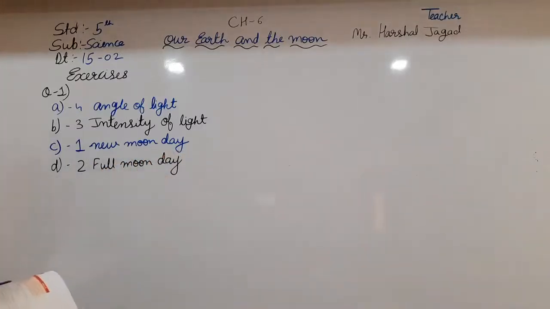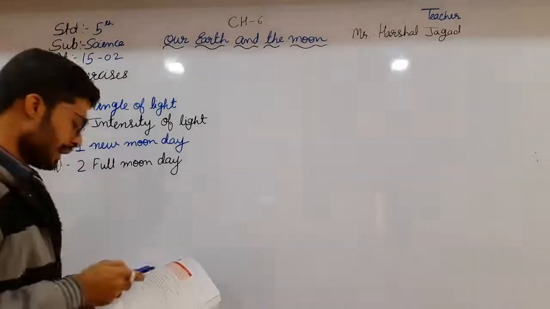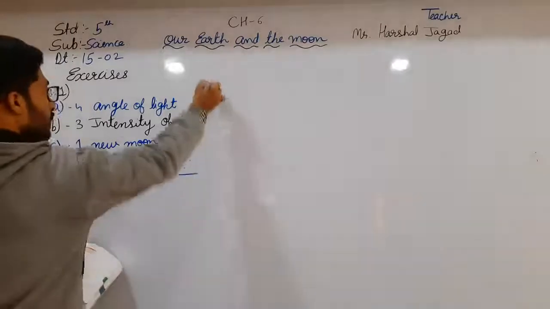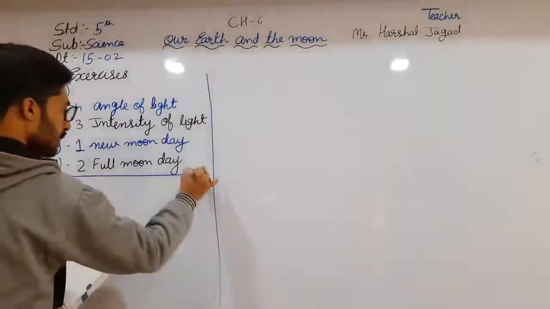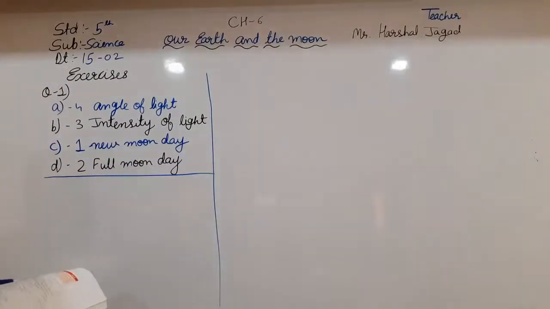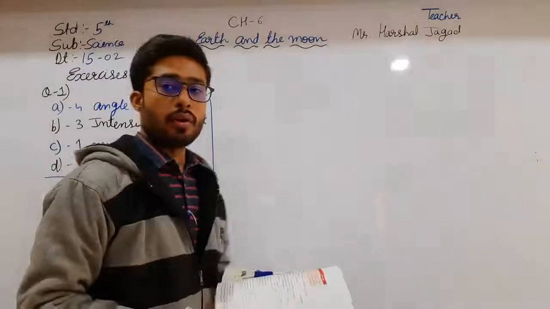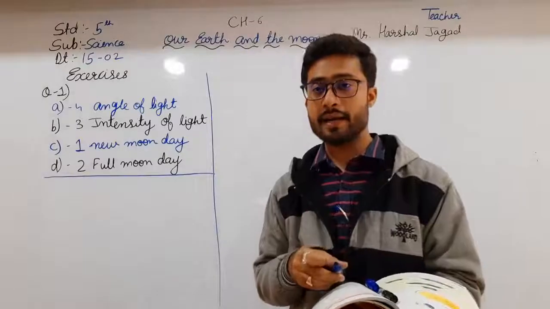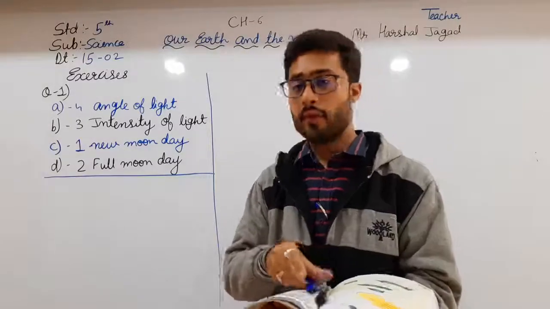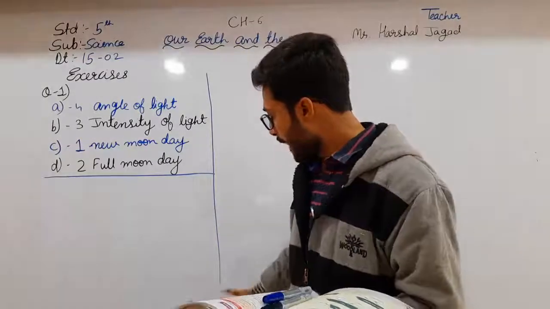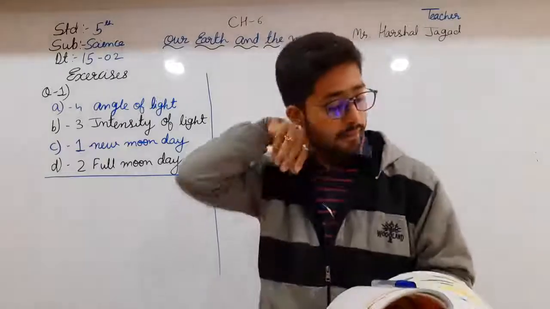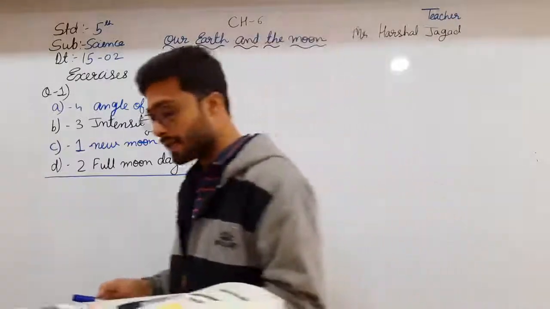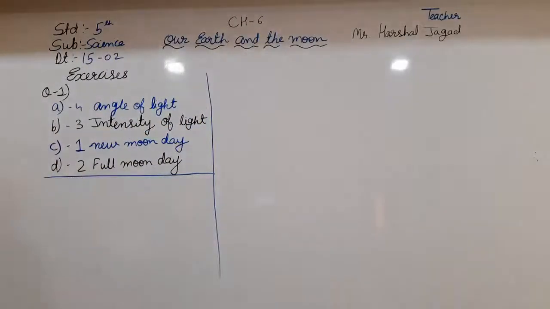Okay, here moving towards question number 2, that is MCQ. Okay students, so here the moon appears as the brightest object in the night sky, as it is the dash to the earth.